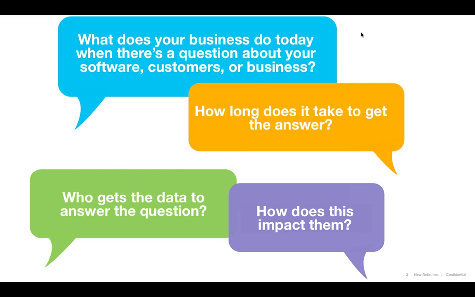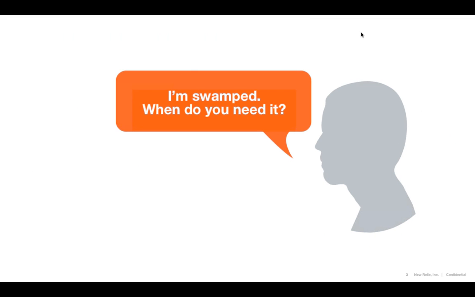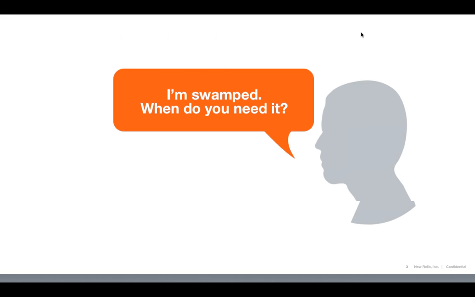Many times that person they go to is a software developer, and it impacts them, it interrupts their flow. So how does that impact them? The reality is that it impacts them a lot. Again, the software developer is typically the one that has access to the data, whether it's another engineer that has a question they want answered, or someone in marketing or sales or an executive.